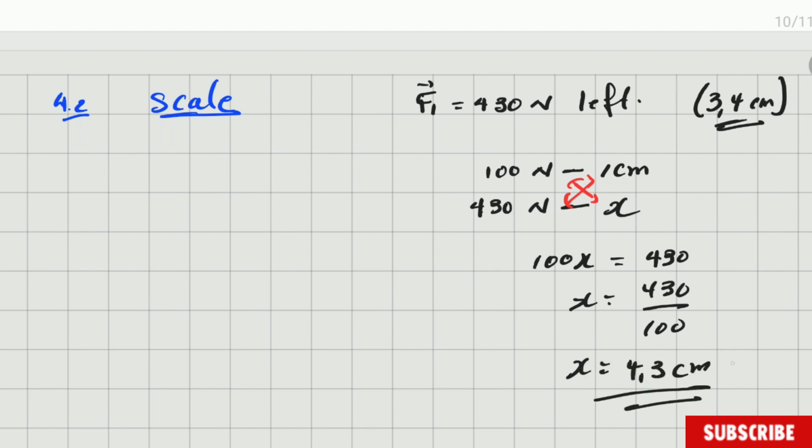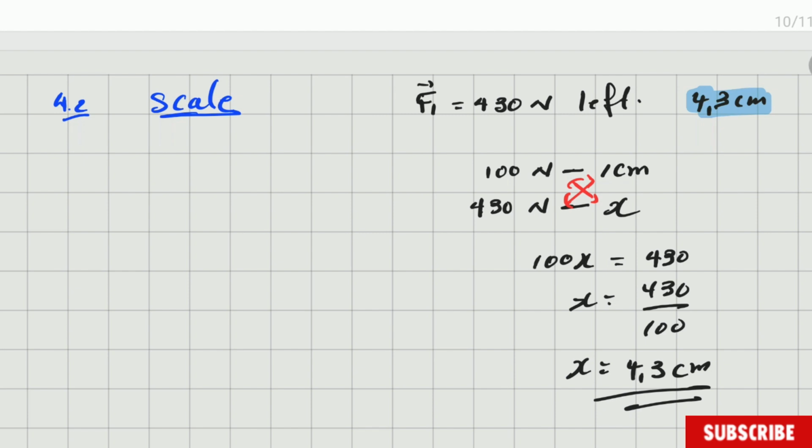So this is what we are going to represent for the first vector: 4.3 centimeters, drawn to the left. Guys, this is how to determine the centimeters. I'm not going to do each of them, I'm just going to show you the answer.